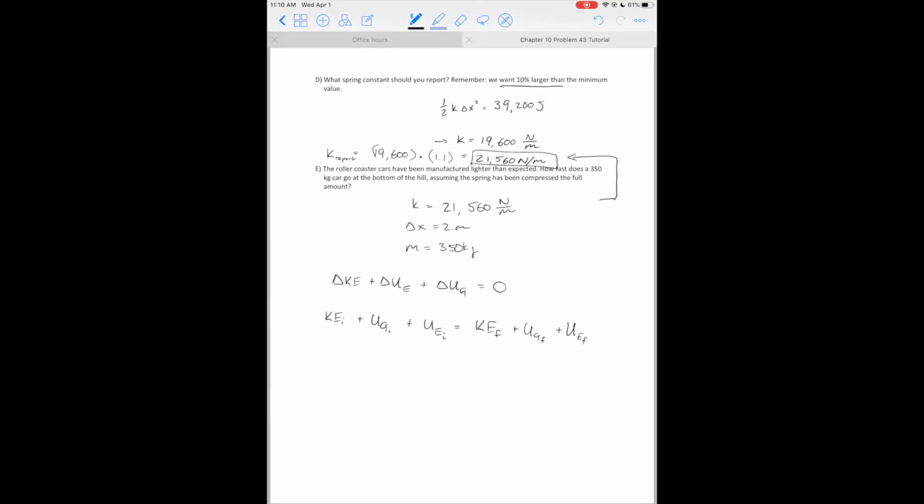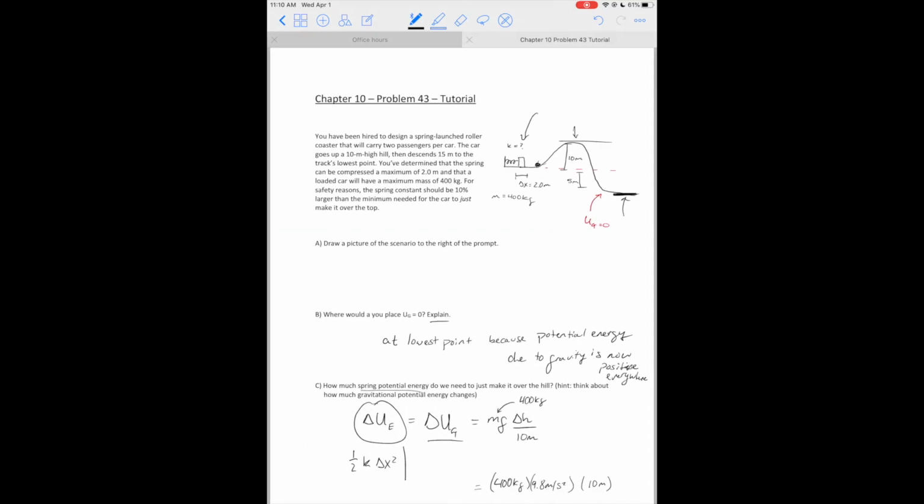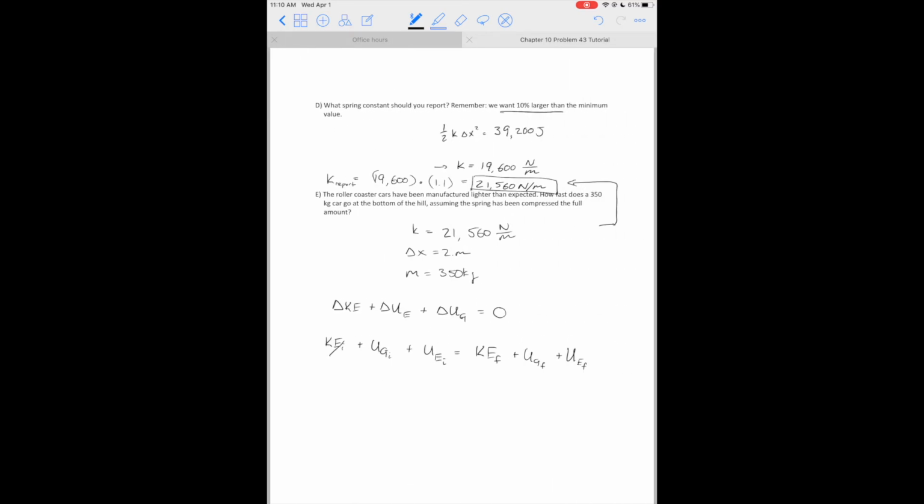So what do I have initially? Initially, I have some spring potential energy. If we've set our potential energy due to gravity at 0 at the bottom here, that means I also start off with some gravitational potential energy. The thing I don't have at the beginning is any kinetic energy. So this goes to 0, and these two remain.